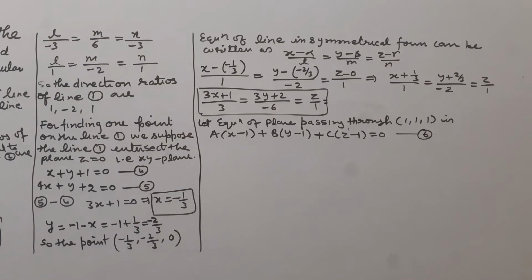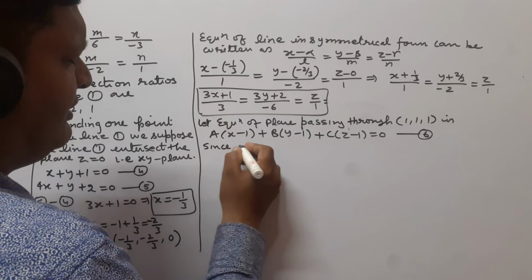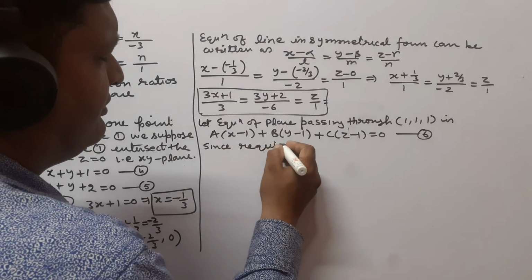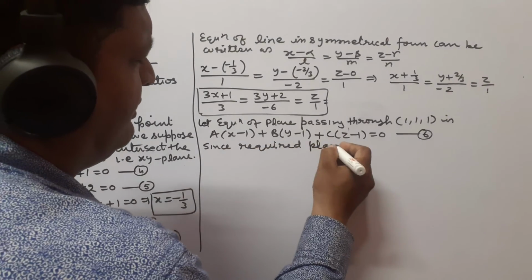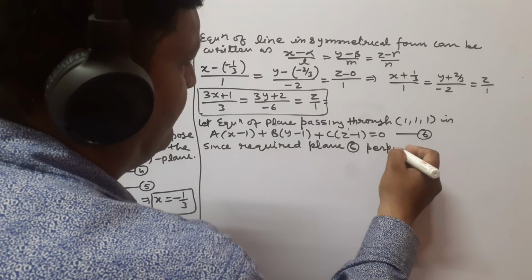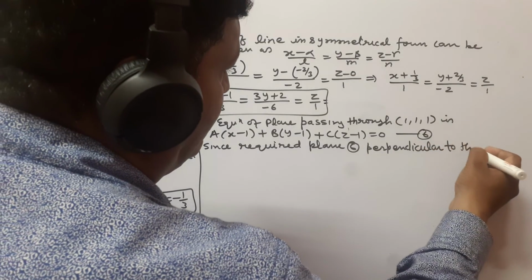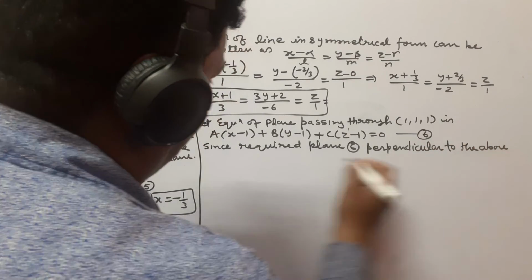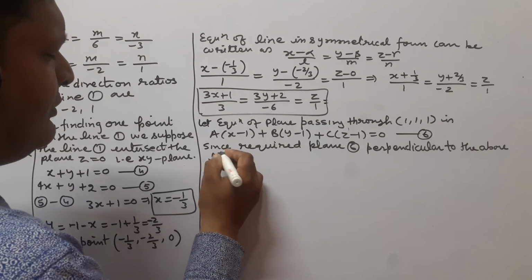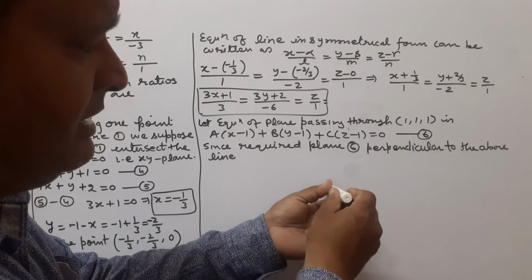Now it is given that the required plane is perpendicular to the above line. Since the required plane is perpendicular to the above line, we can see that this is the required plane and this is the line.